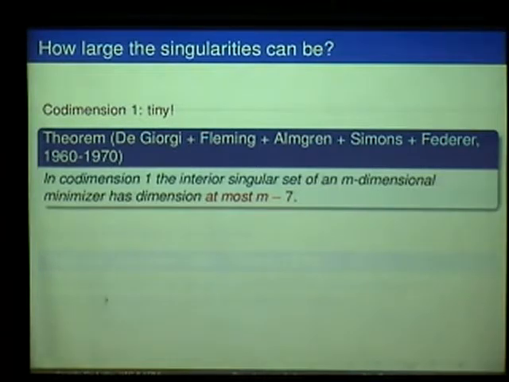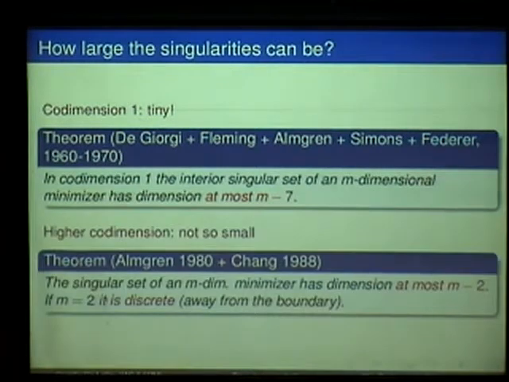This is the combined effort of several outstanding mathematicians in the 60s and 70s. In higher codimension, you know from the start that the singular set cannot be as small as for hypersurfaces, because you have these holomorphic curves in which the singularities have real codimension 2. And this is also optimal.